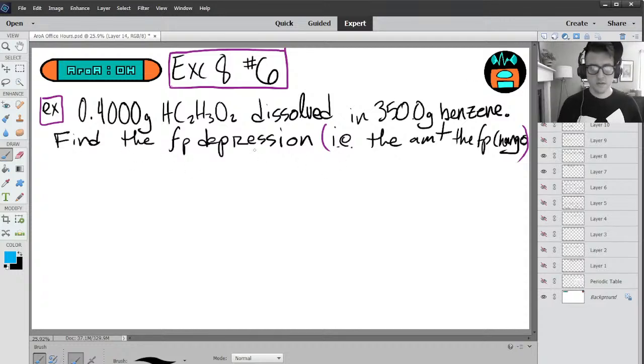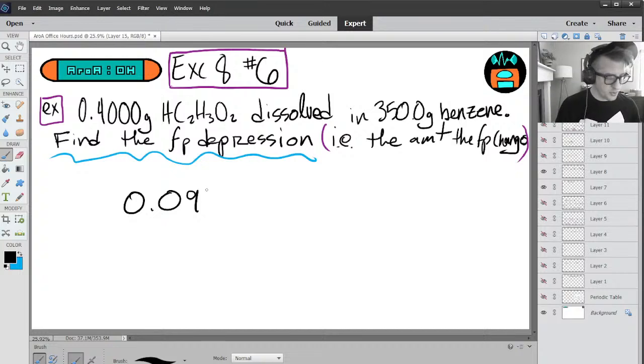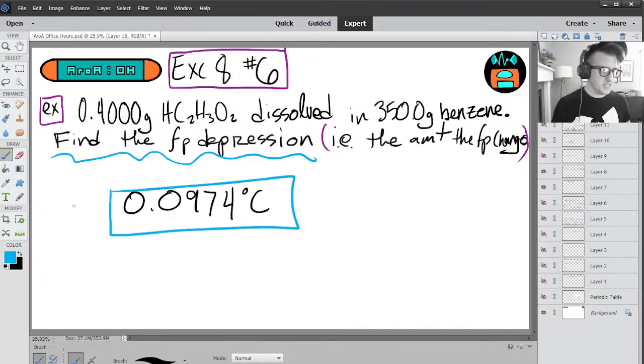Oops. You are, oh, hang on. There we go. Because of the way the problem's worded, you're only going to be presented with positive answers. So if these were the numbers you were given, it would be 0.0974 degrees Celsius is how you would answer that.